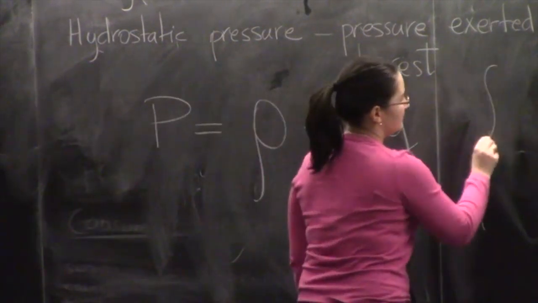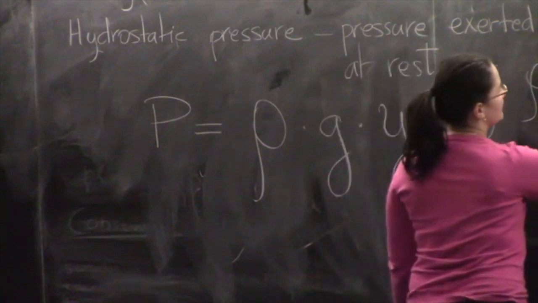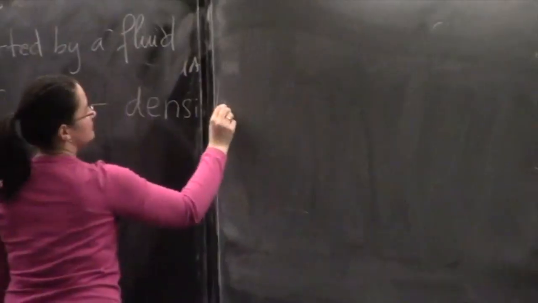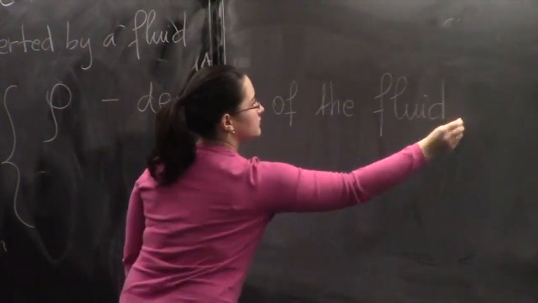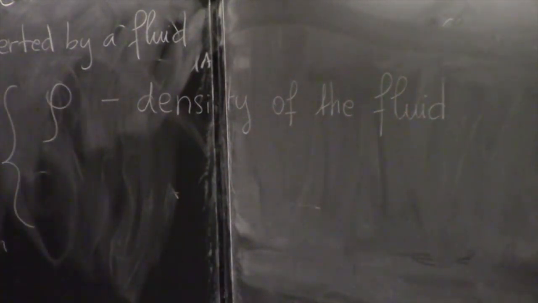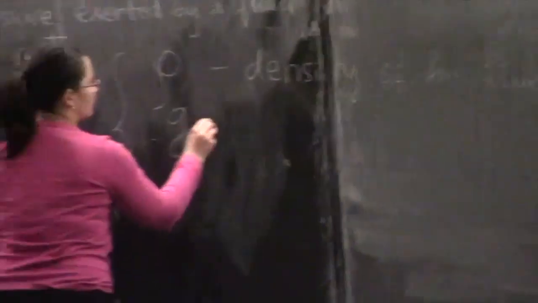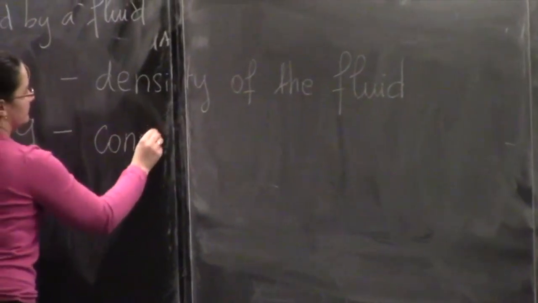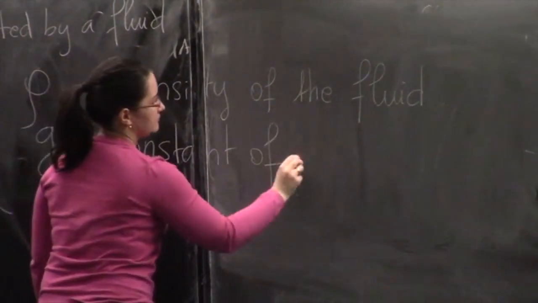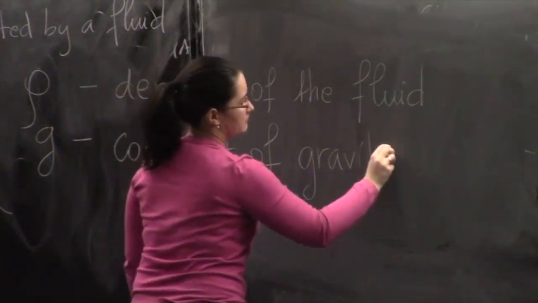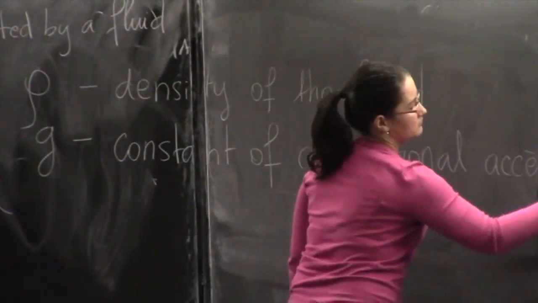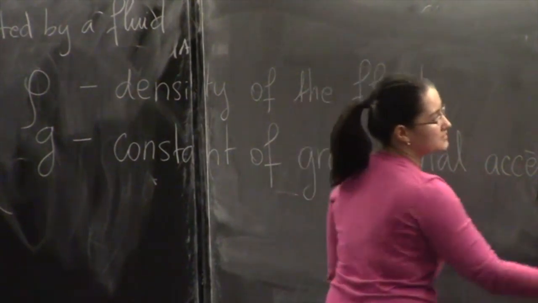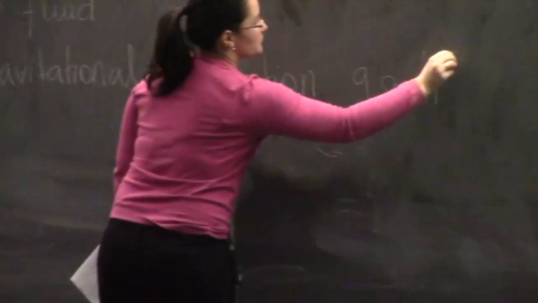So the quantities over here are the density of the fluid, which in most applications we only deal with water, so it's going to be 1,000 kilograms per cubic meter. g is the constant of gravitational acceleration, roughly 9.8 meters per second squared.